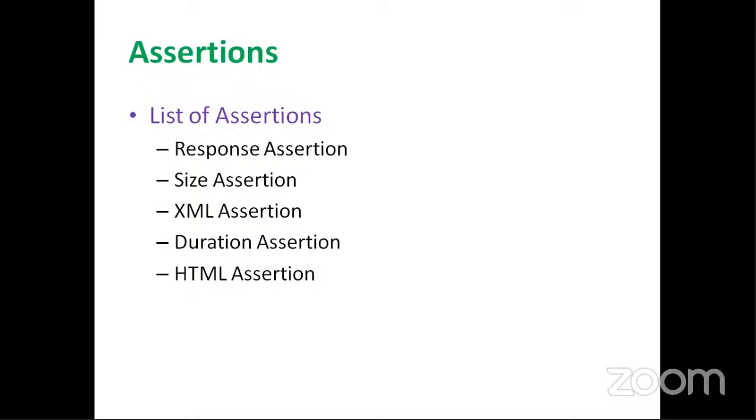When you are getting some other response codes, then your test case is failed. So you can create that and validate using the response assertion. And similarly we have duration assertion, how much time it is taking, and XML and HTML assertions.